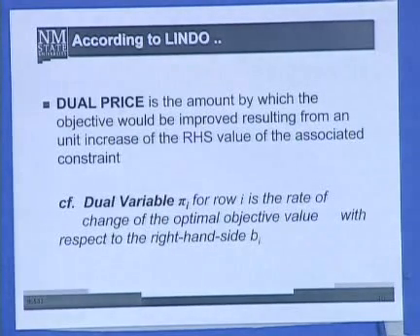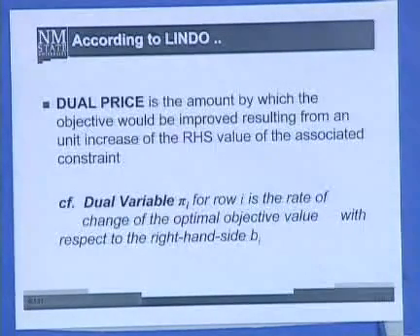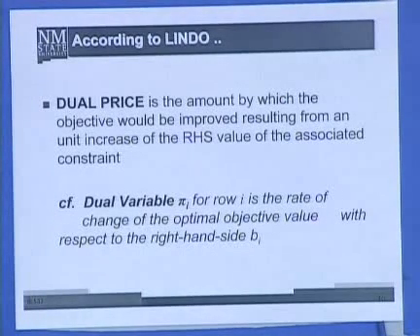And I said this definition applies only if the change in the right-hand side of the corresponding constraint leaves the current optimal solution feasible, right? And I said the dual price is sometimes called the shadow price because it tells us how much you should be willing to pay for additional units of right-hand side values.